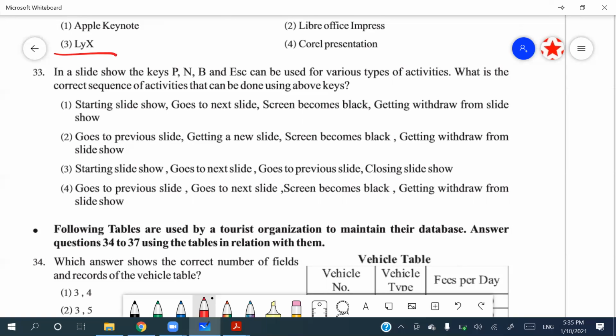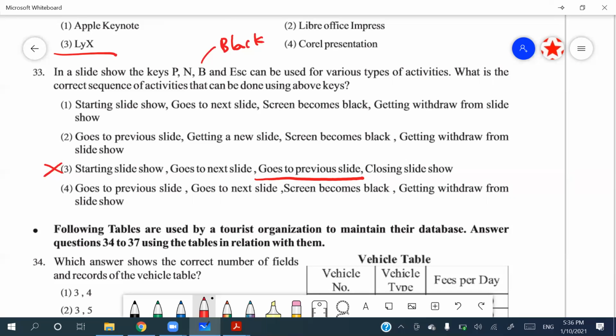So the screen becomes black. Third one is wrong because B stands for black screen.